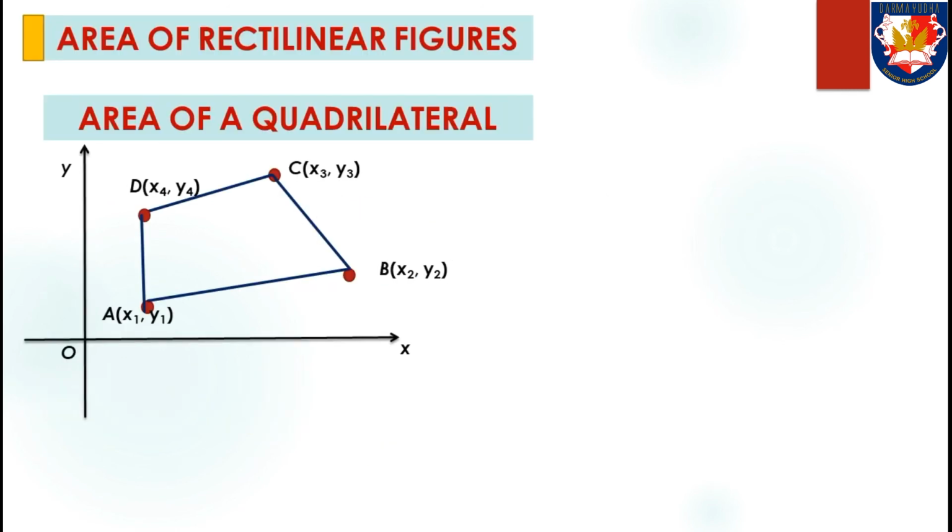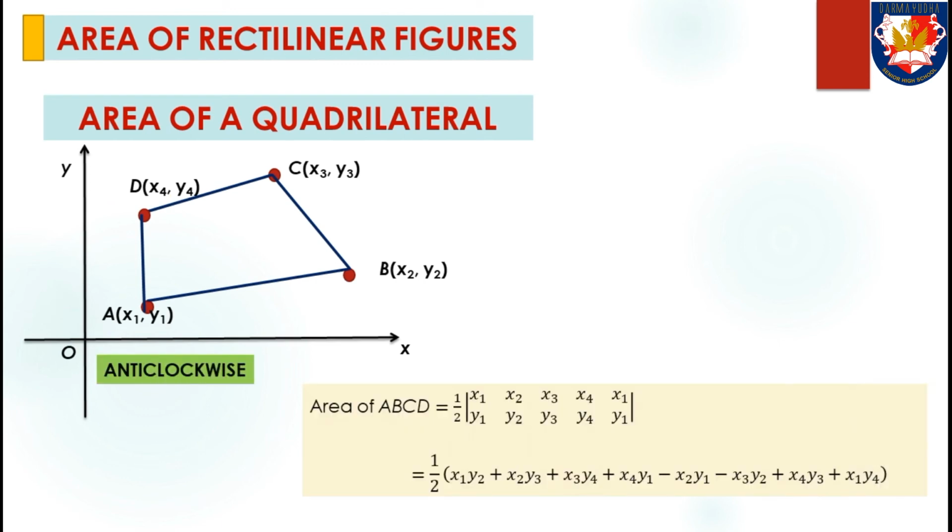The area of quadrilateral ABCD given the coordinates of the points (x1, y1), (x2, y2), (x3, y3), (x4, y4) in anticlockwise direction is given by the following formula. We start from point (x1, y1) and go to (x2, y2), (x3, y3), (x4, y4) and return back to (x1, y1).